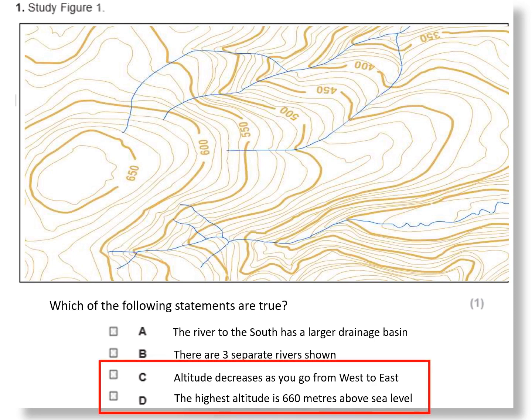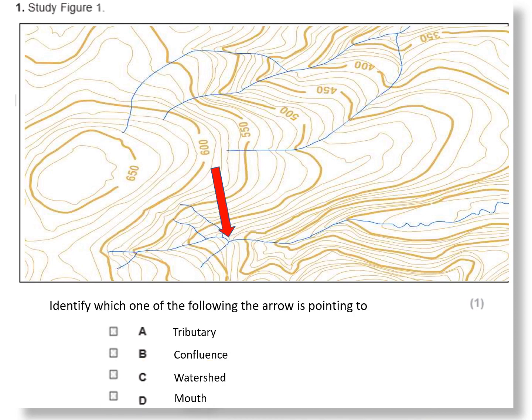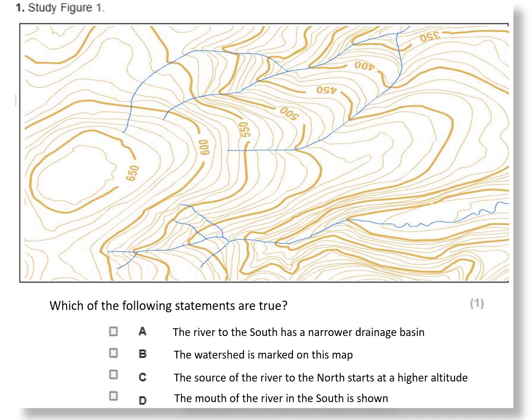And the answers were C and D. Question 3. Which of the following is the arrow pointing to? The answer was confluence.